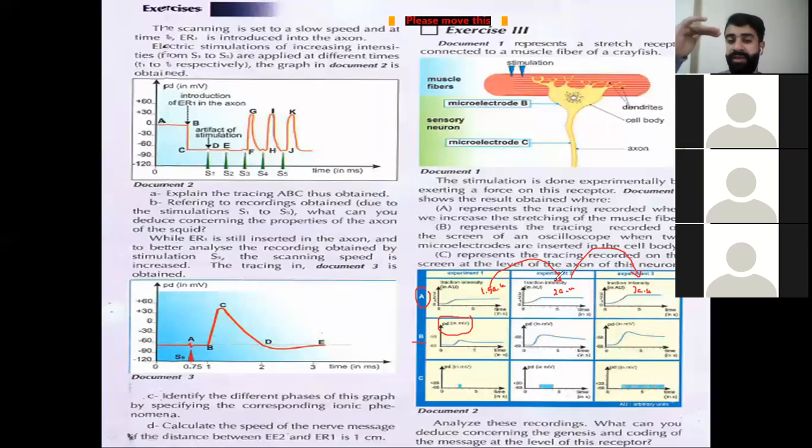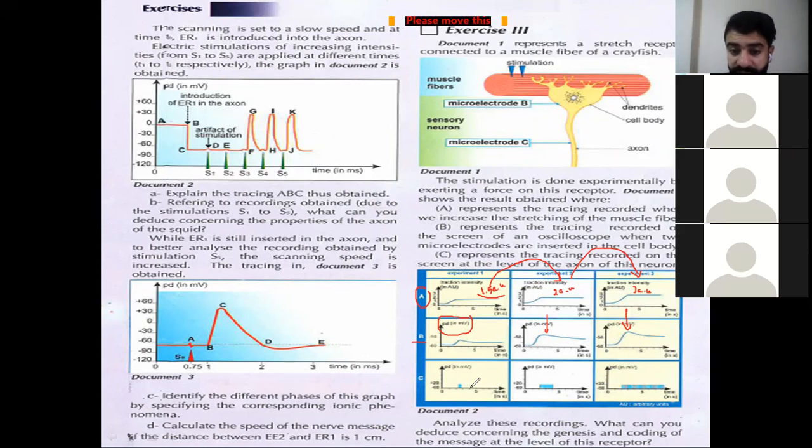At 1.5 AU the potential is about minus 50 or minus 55. Then it decreases to about minus 45 approximately, and then here about minus 40. So as we increase the intensity of the stretching of the muscle, the potential difference increases.